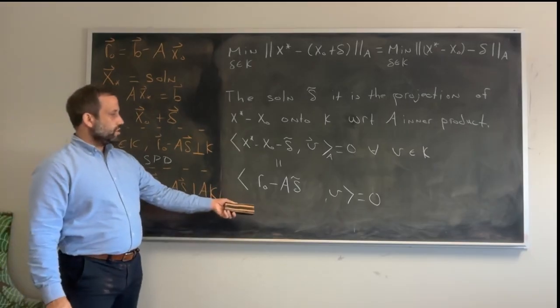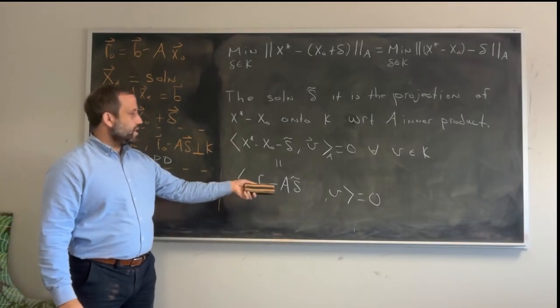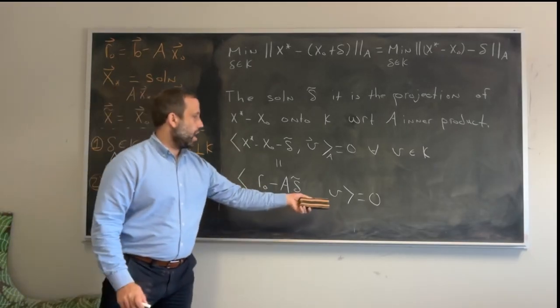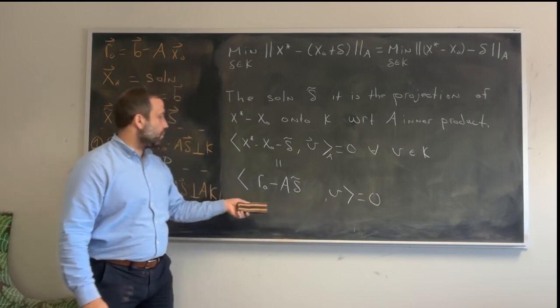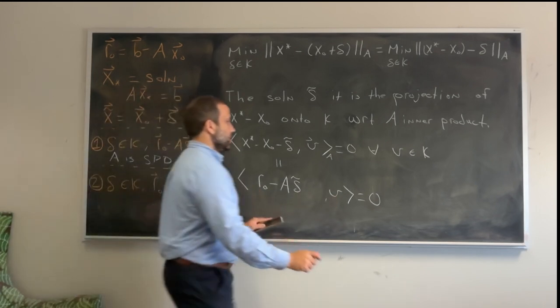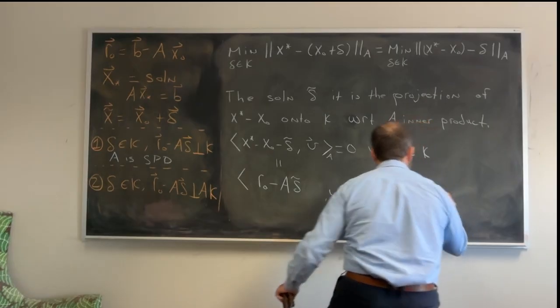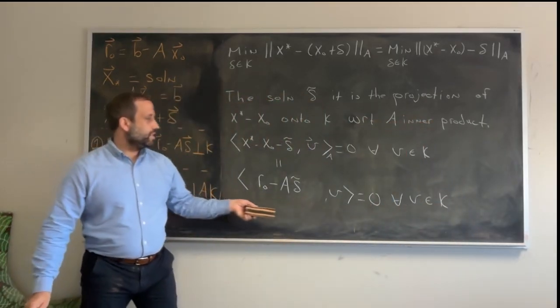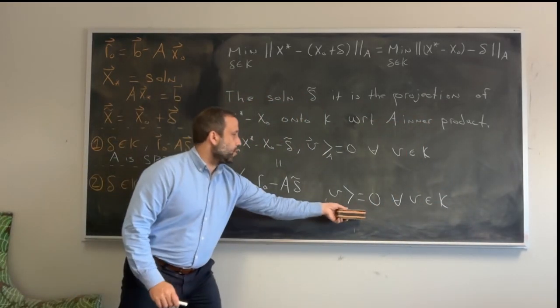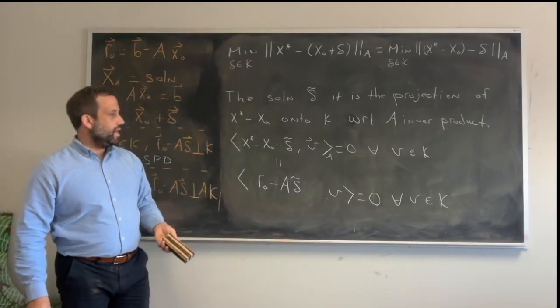So for all V in K, we want the inner product of r naught minus A delta with V to be equal to 0.